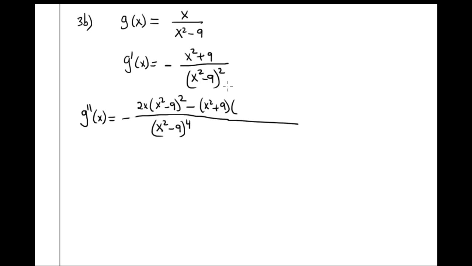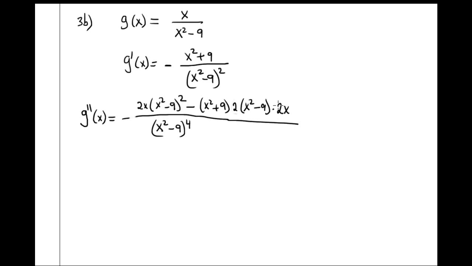It is a power, so look, 2 times x squared minus 9 raised to the 1 power times the derivative, which is 2x. And that's it.